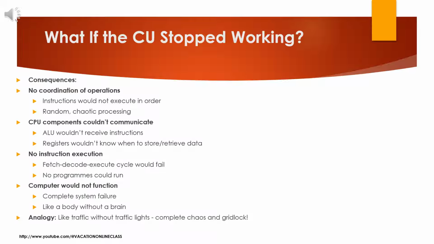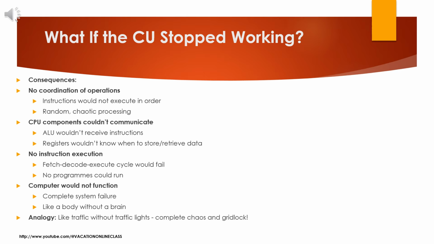The ALU would never receive its instructions, and the registers would have no idea when to store or retrieve data. This means the fetch, decode, execute cycle, the heartbeat of the computer, would fail completely. No programs could run, and the computer would cease to function. It would be a total system failure.